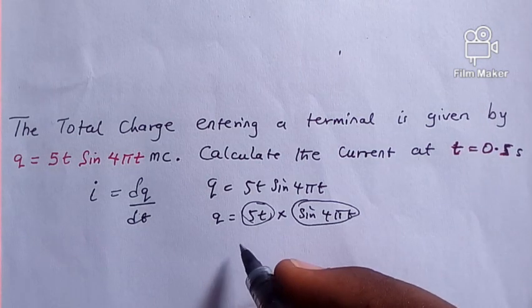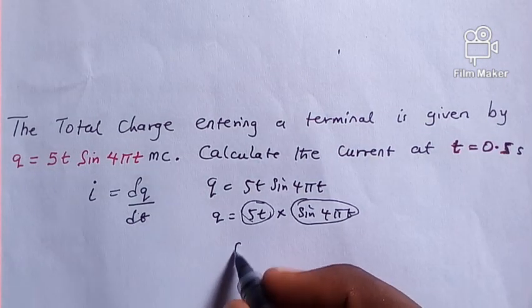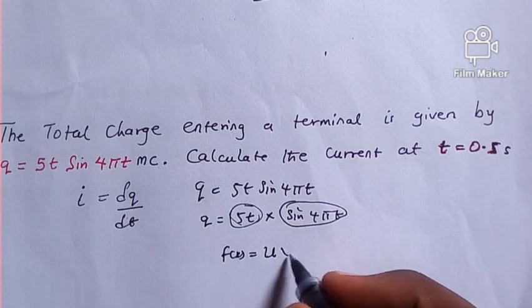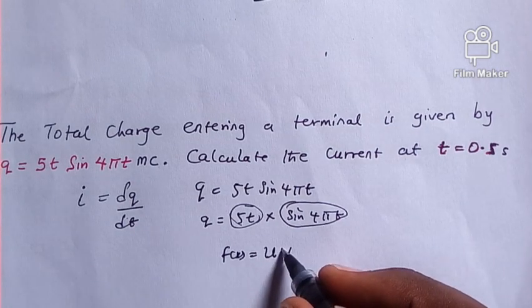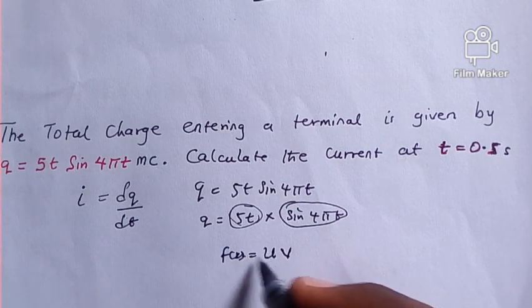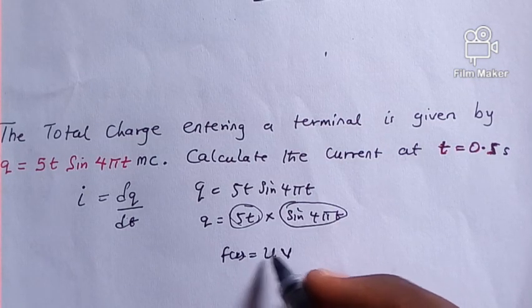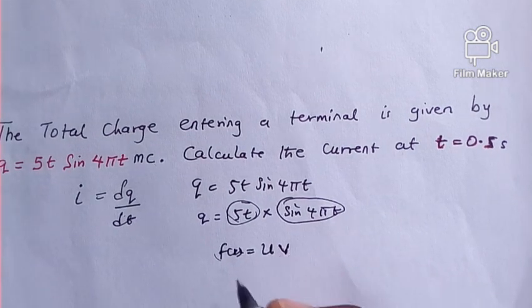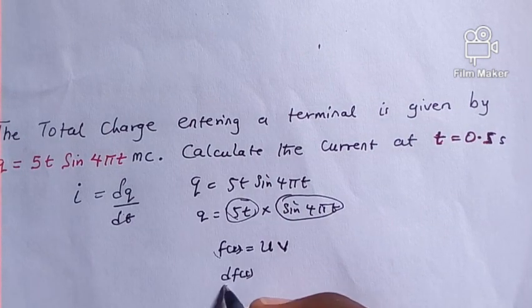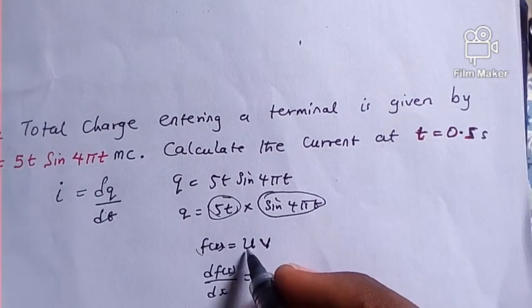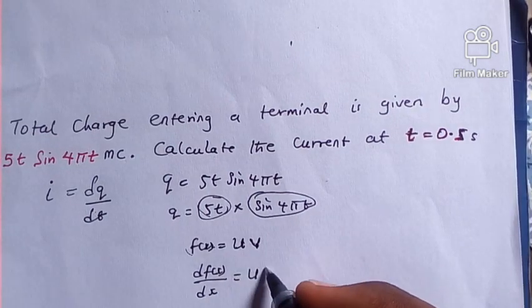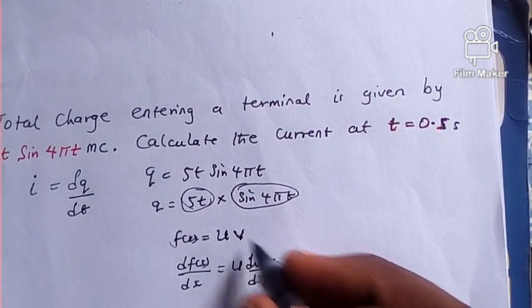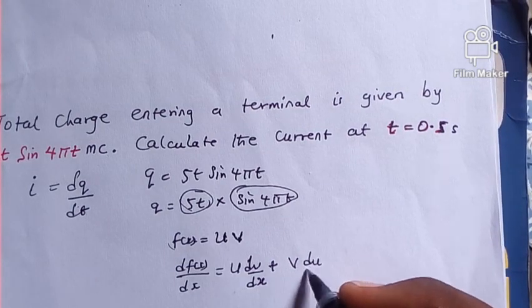And that area is what we call the product rule. The product rule says if you have a function f of x having two functions, u and v, multiplied together, then df/dx is: we take u and differentiate v with respect to x, then we add it to v times the differential of u.